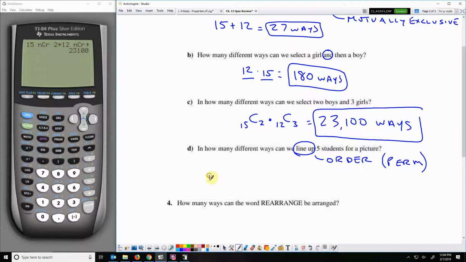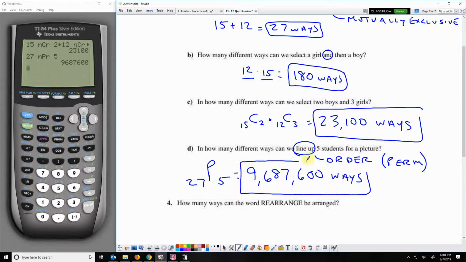So we are lining up 5 of these students, and there were 12 girls and 15 boys for a total of 27 students to choose from. 27 nPr 5. Choosing 5 out of 27 for an arrangement. There are 9,687,600 ways to line up 5 of the 27 students.